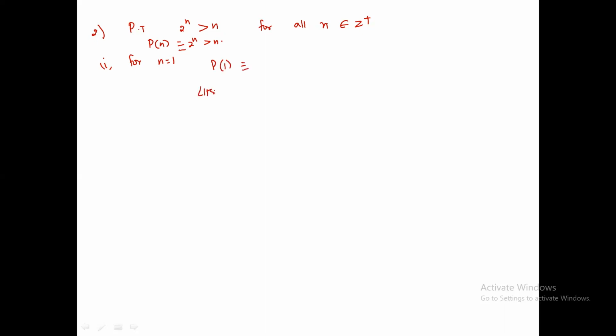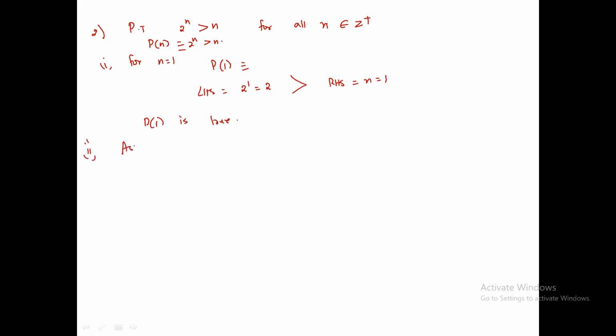That means we will take left hand side 2 power 1, which is 2. And right hand side we will put n equal to 1. So we have proved that left hand side is greater than right hand side. That means we have shown that P of 1 is true.